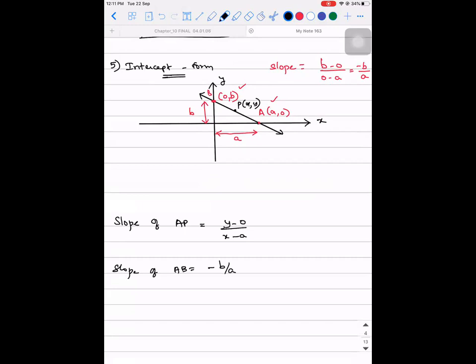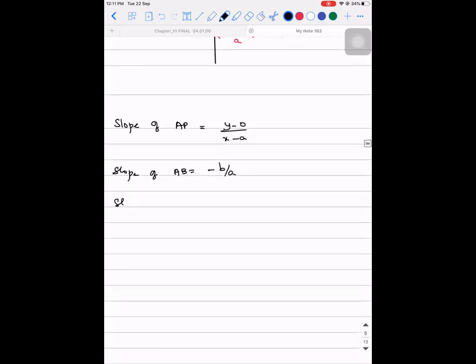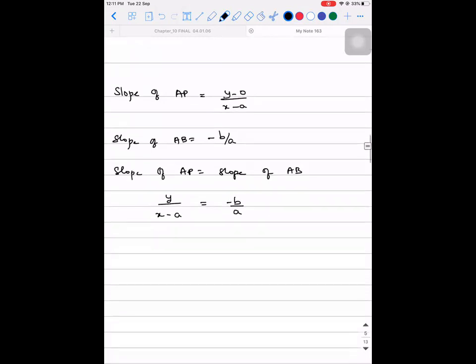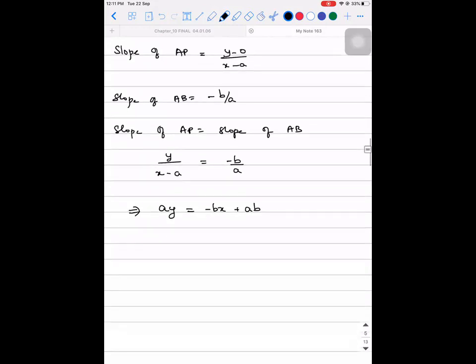That is minus b by a. So since they are collinear, slope of AP will be equal to slope of AB. So y divided by x minus a will be equal to minus b by a. Accepted? Which implies ay is equal to minus bx plus ab. So ay plus bx is equal to ab.